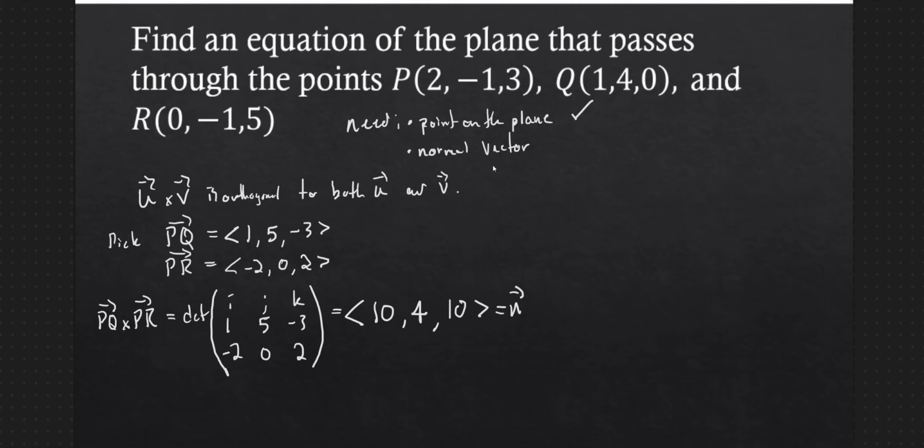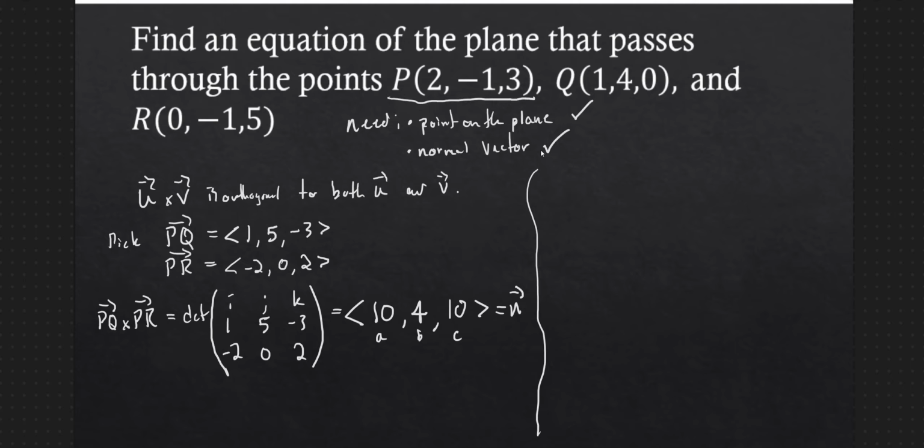And now I have a point in the plane and I have a normal vector n, and so now I can go through the rest of the steps to find the equation of the plane. So maybe I'll draw a little squiggle here. I'm just going to go ahead and use the equation. So this is my A, B, and C, if you're looking at the formula. This is A, B, C. And then I'm going to pick P to be my point on the plane.